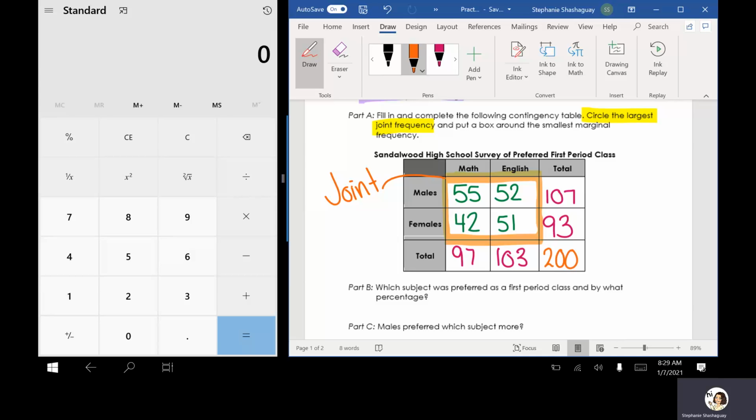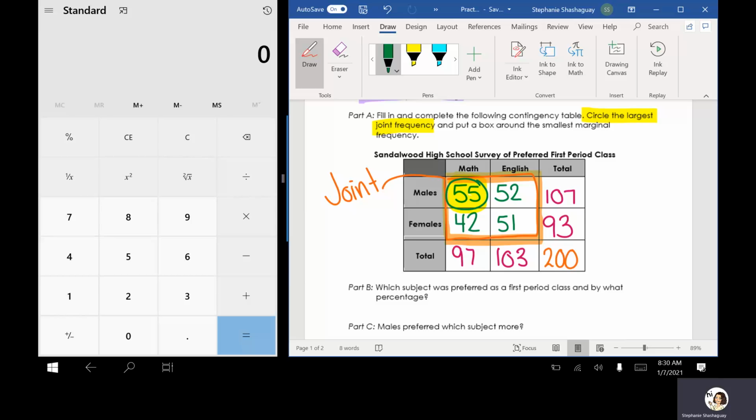All of these numbers are our joint frequencies. So of these 4 numbers, we need to circle the largest joint frequency. So out of these 4, 55 is the largest joint frequency. So that's what I'm going to circle.